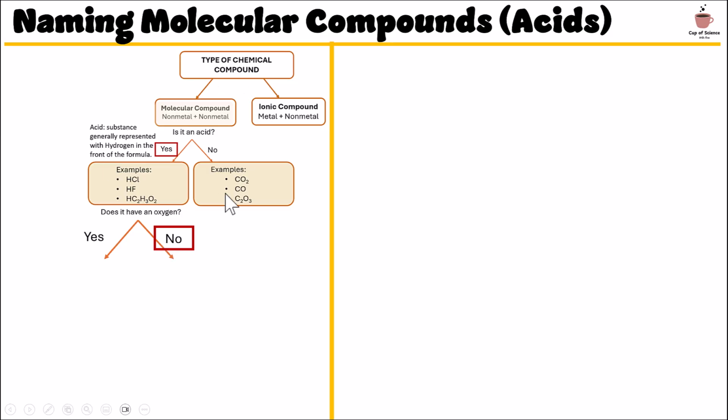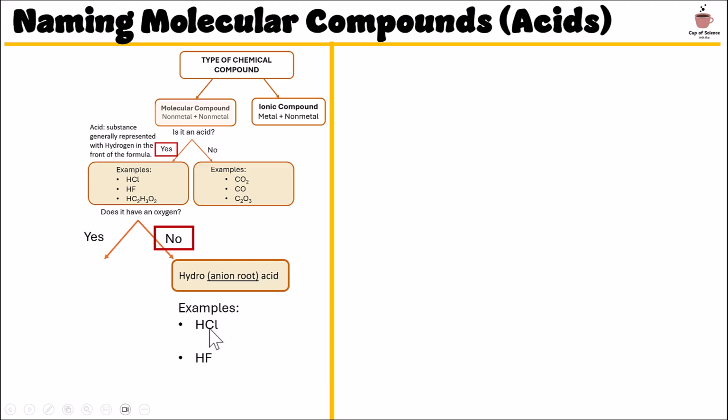This area here is just the previous slide, shrunk so I have more room on the bottom. So here is no. If it's a no, then we need to follow this rule where you have hydro in the front, then the anion root, and then acid in the end. For example, we have HCl.